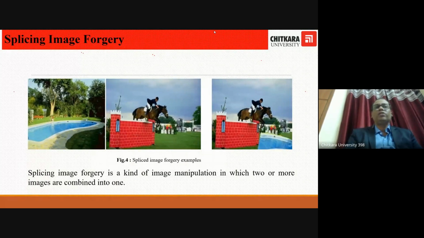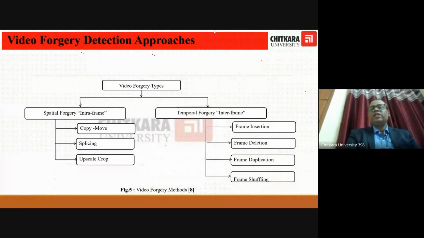And right here you can see we have three images. The third image is created with a combination of the first and second one. So we combine two images and make the third image, that is called splicing. So let's come to our topic. Our topic is video forgery.